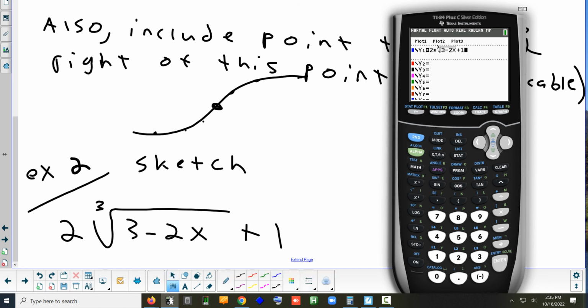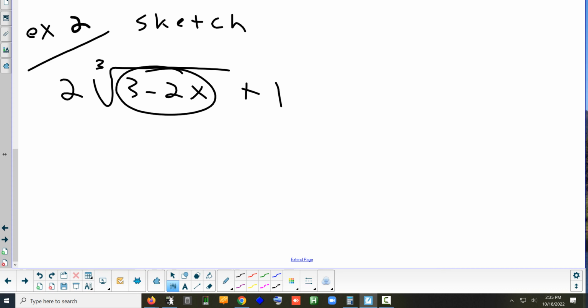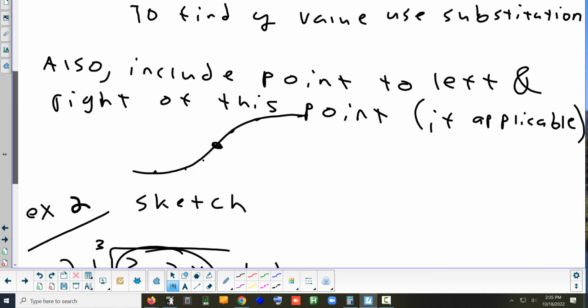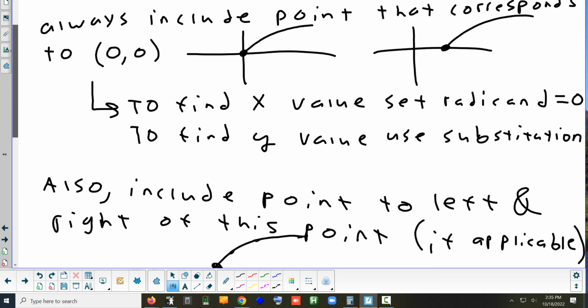Okay, what do we set that equal to find the x value of my point? What do we set the radicand equal to? 0. Set the radicand equal to 0.